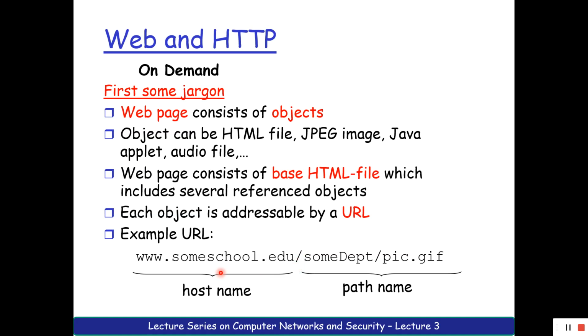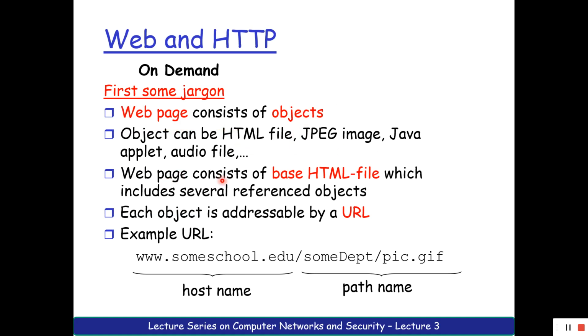That is the main server of your organization. From there you have divisions. So this is called the host name, and the other part of the URL, where it leads to the specific object, is called the path name. So what we learned is we have a web page. A web page is full of objects. Objects are all kinds of files present on that page.